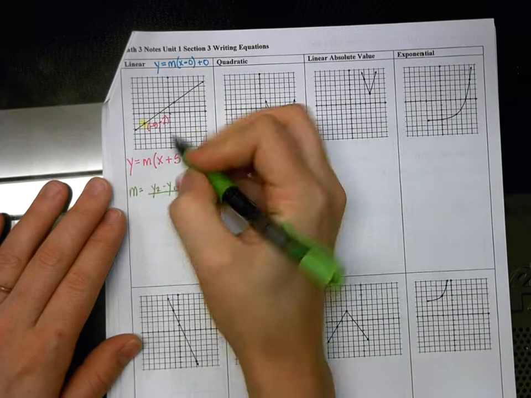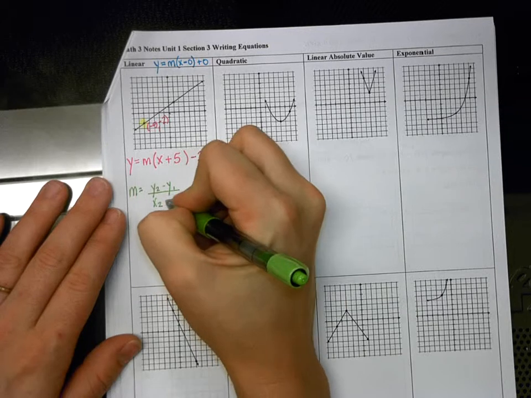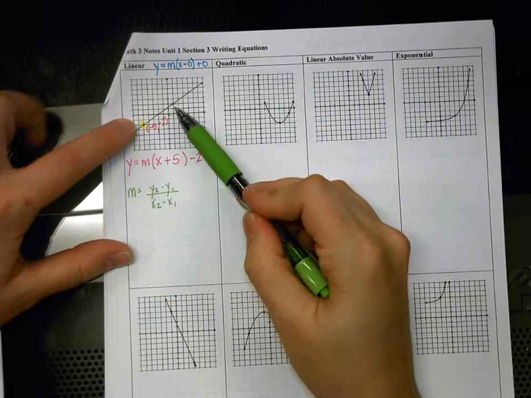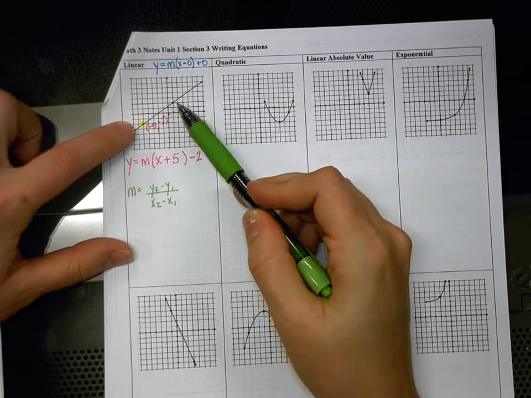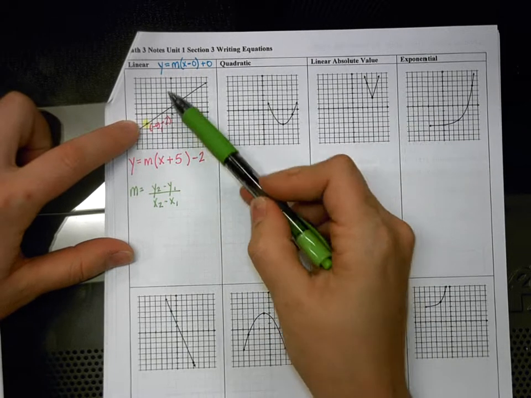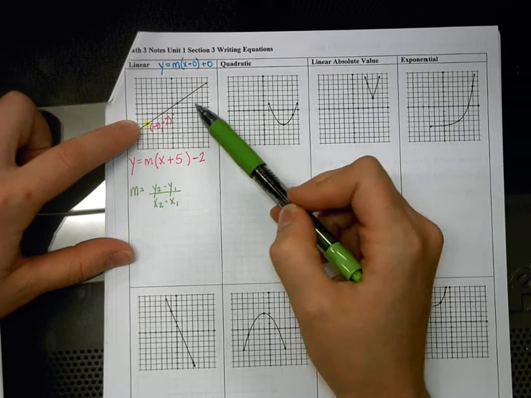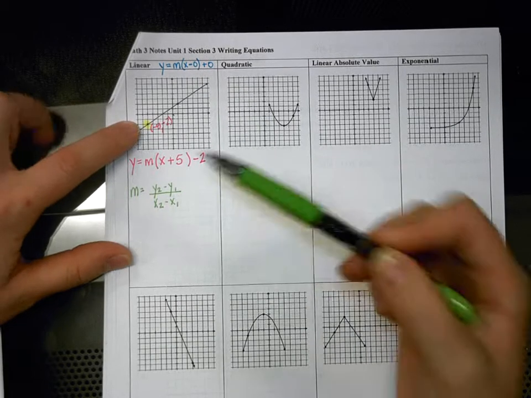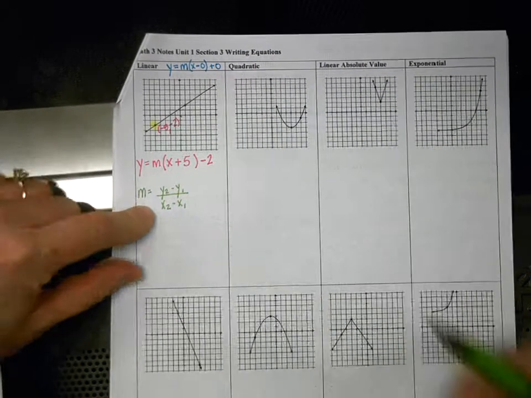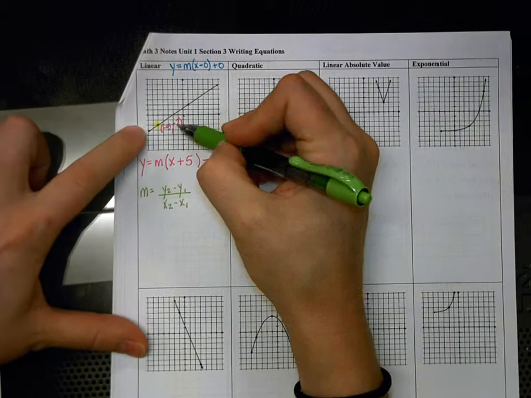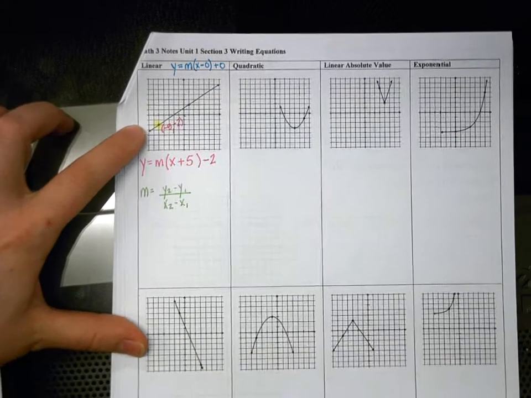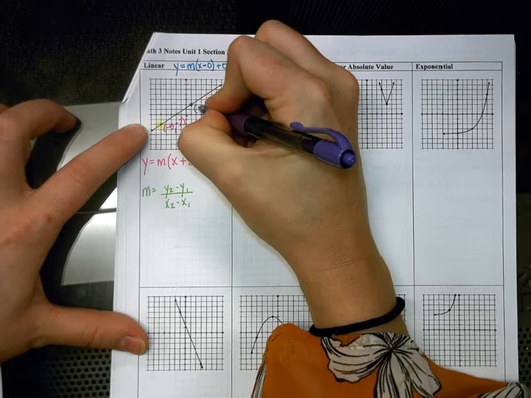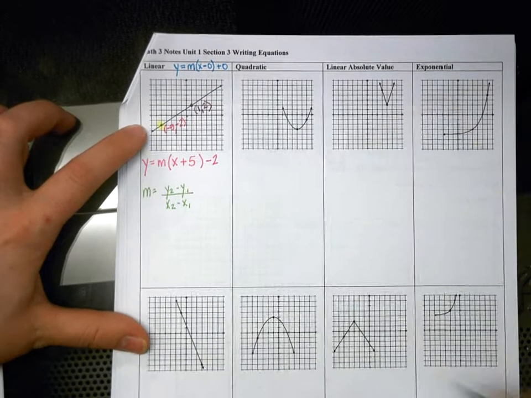Very good. y2 minus y1 over x2 minus x1. Now, you could actually count the slope here because it's graphed. If it is not graphed for you and it only gives you the points, you would want to use the slope formula. And by doing that, I would just use this point as well as my second point, which is over 1 up 2.